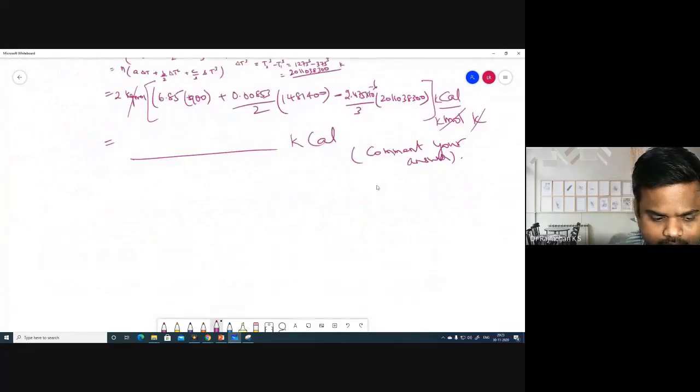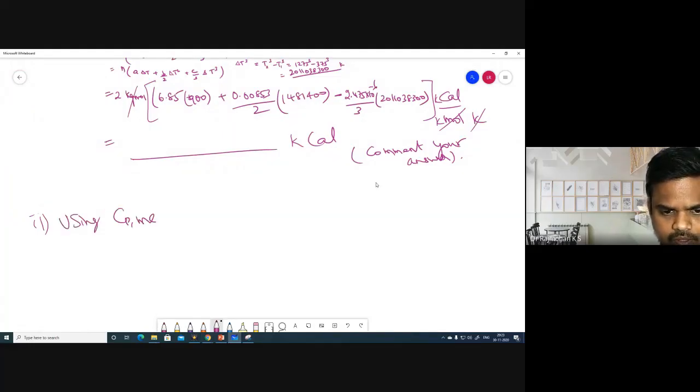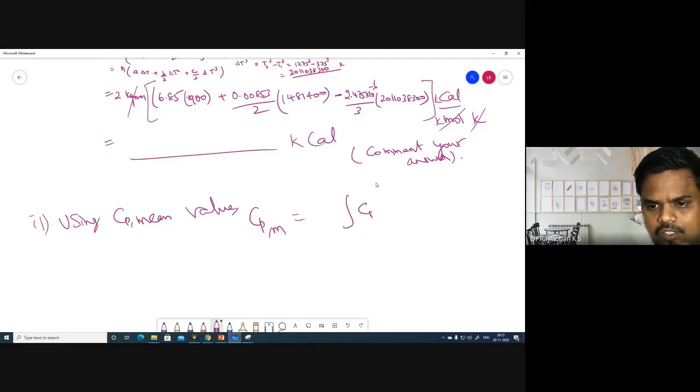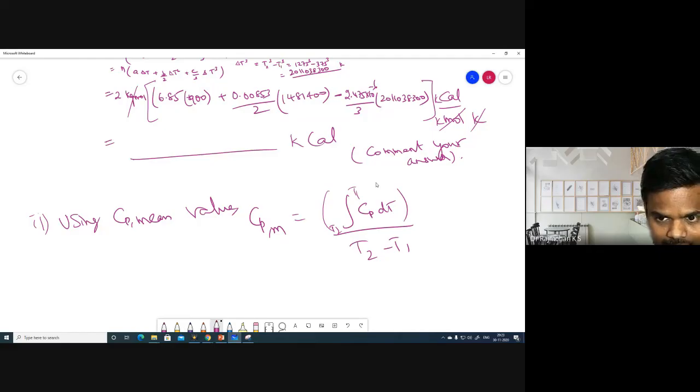What is the second part? Second part, it is asked to use CP mean value. What is CP mean? CP mean is equal to integral CP dT by T2 minus T1. This part we have already calculated. So we can write 2 into the values, then the final answer.